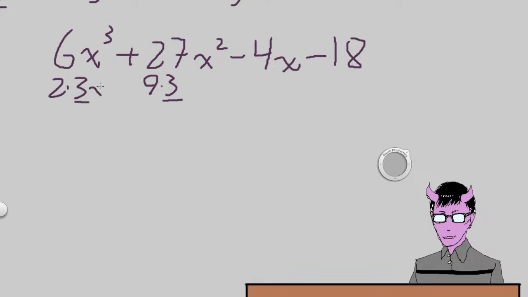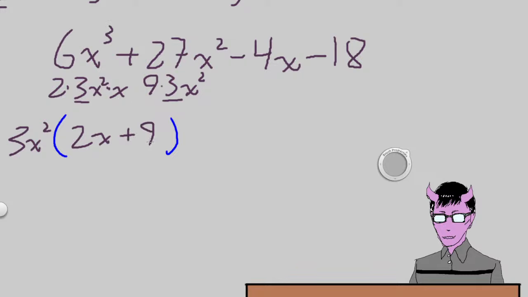So 3x squared is common to both of those 2 terms. So let's do that. So if you slap on the parentheticals and then you factor out the 3x squared, we're going to get the 2x here technically, and then the positive 9 left over. So that's nice.